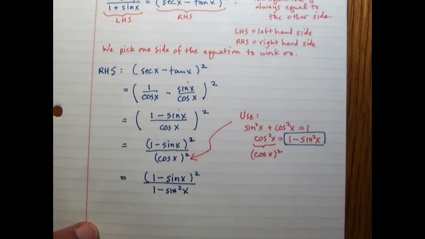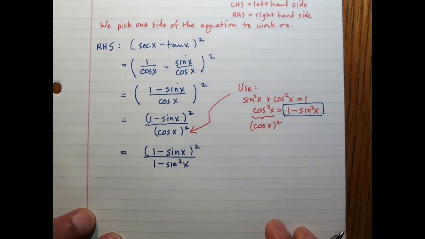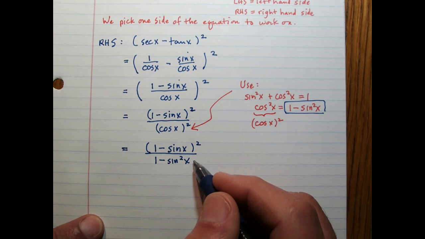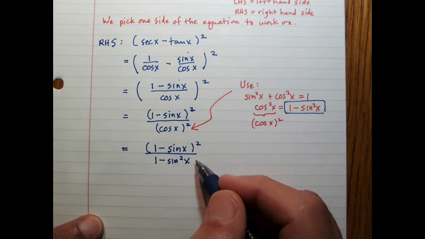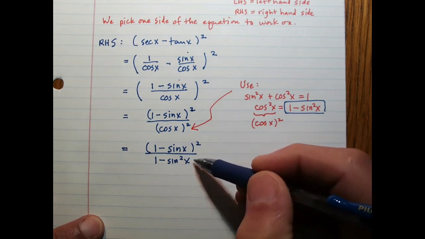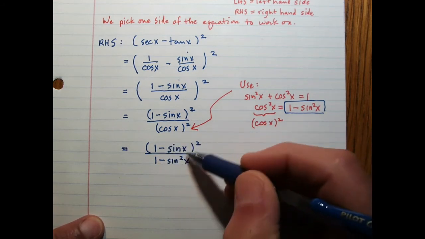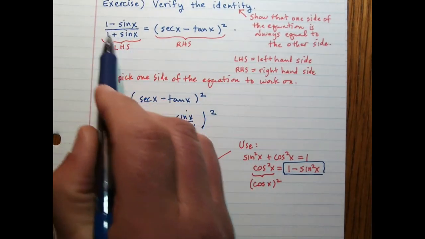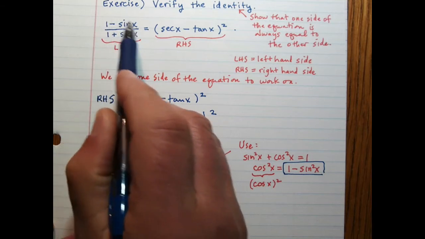Now I've got to admit, it's not obvious where this is headed at this point. I'm making this substitution, and yet now, I guess one reason I like this is I have all sines involved, and I am trying to get a fraction that only has sines and no cosines.